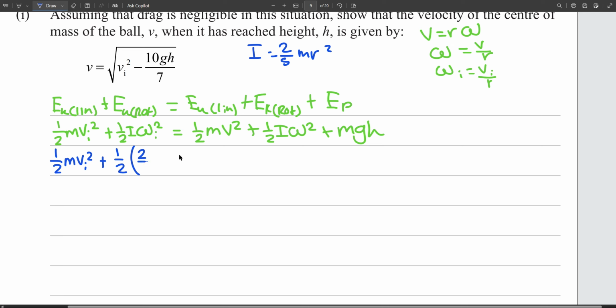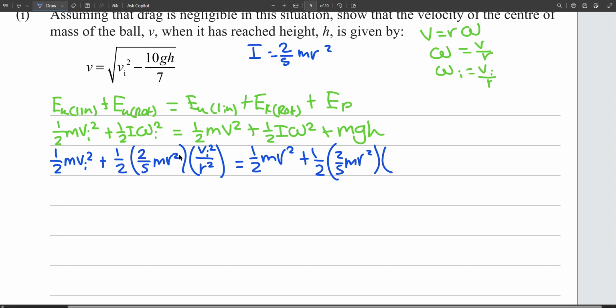Then 2 over 5 m r squared times omega, which is v on r, so v squared on r squared, is equal to half m v squared. This should actually be vi squared: half m vi squared plus half bracket 2 on 5 m r squared times omega, v squared on r squared, plus mgh.